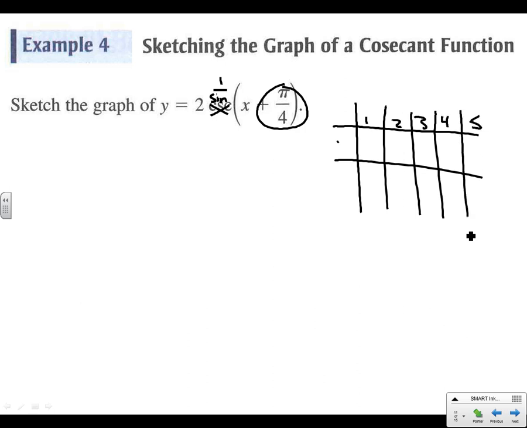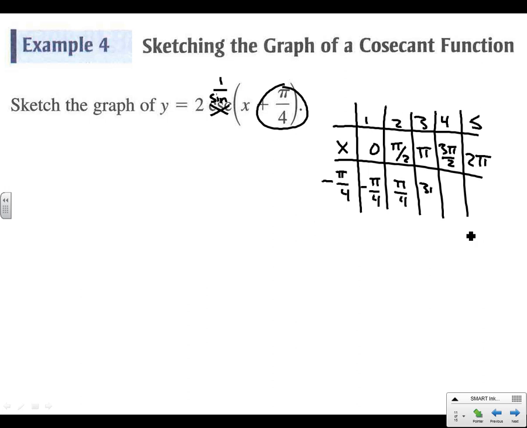Okay. Normally, since my period is 2 pi, all my points would be at 0, pi over 2, pi, and 3 pi over 2, and finishing at 2 pi. That's if we didn't shift. But we are shifting left by pi over 4, so all of our x values get subtracted by pi over 4.